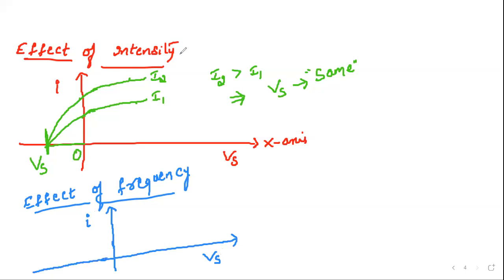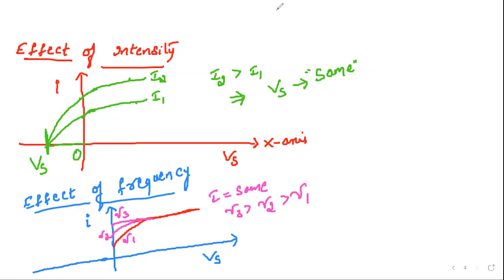But please remember, we are taking a saturation current, and here we are incident with different frequencies. Let us say this is nu1, the second one is nu2, this is nu3. Here the photoelectric current is not changing, it remains the same. But the frequency is more: nu3 is more than nu2, and nu2 is more than nu1.